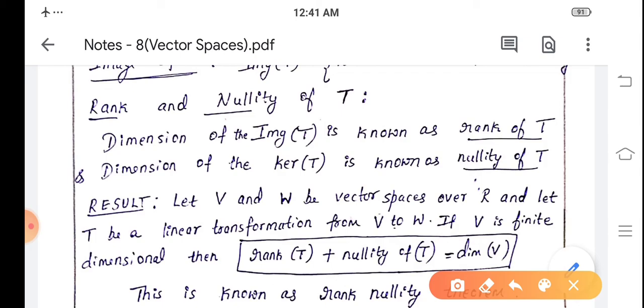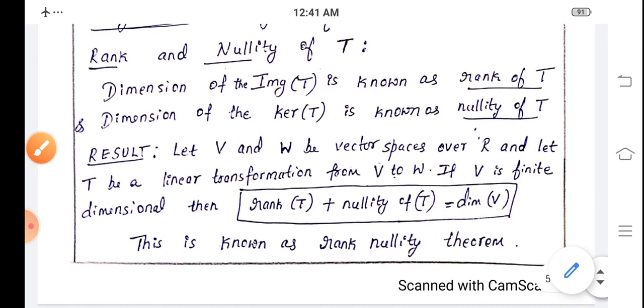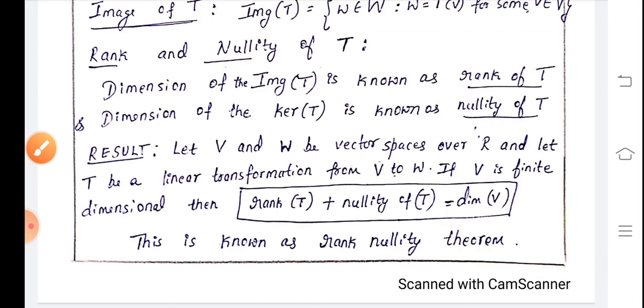The dimension of the image of T is called the rank of T. That is, the rank of T is the dimension of the image of T, and the nullity of the linear transformation is the dimension of the kernel of the transformation.